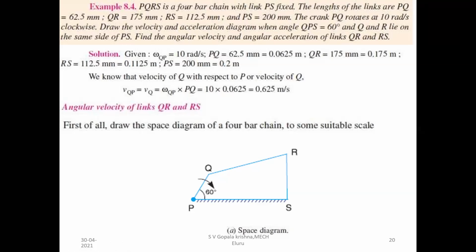Please respond. Is my screen visible? Sir, no sir. Is it visible or not? Yes, sir. It has no clarity, sir. Clarity is missing.